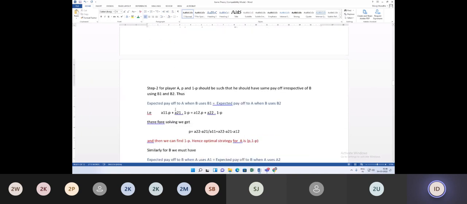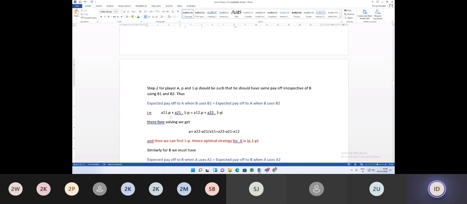So the expected payoff of A when B uses B1 is equal to the expected payoff to A when B uses B2. That is the same statement, which I have noted here as an algebraic equation.